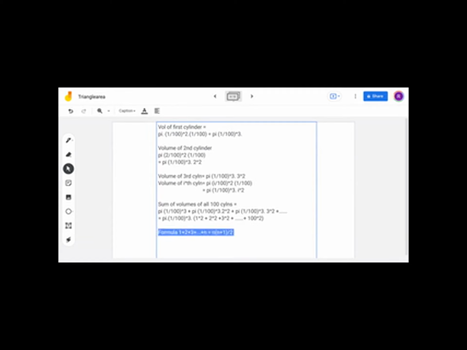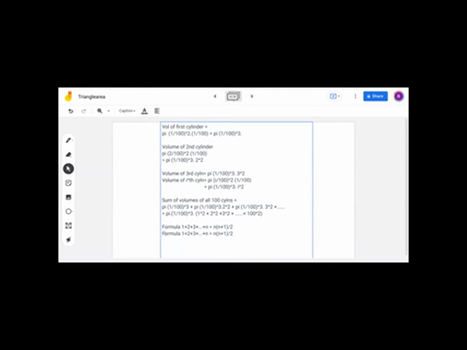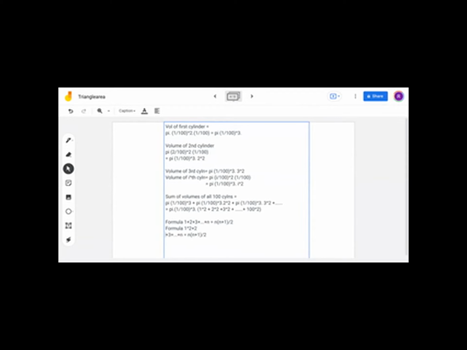But what is the formula for the sum of the first n squares? So I'm doing 1 squared plus 2 squared plus 3 squared, till n squared. Has anyone seen this formula, or is it not done in school yet?